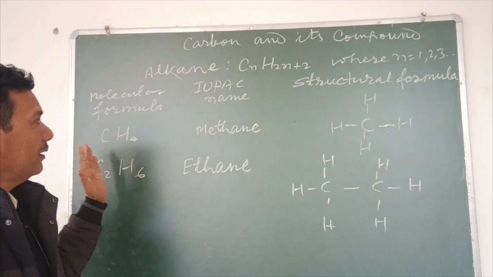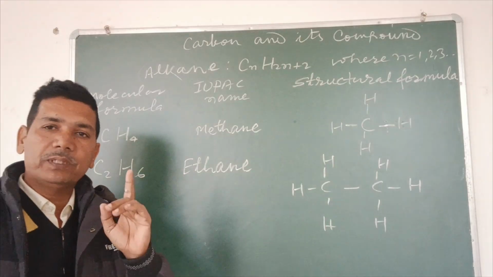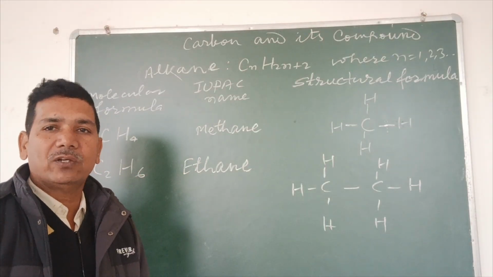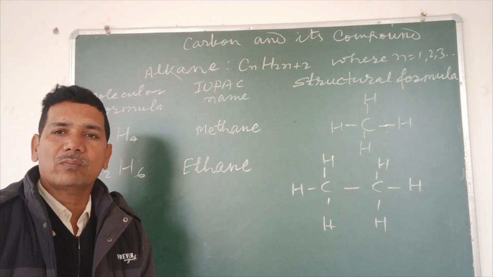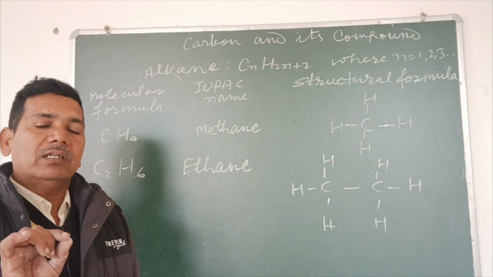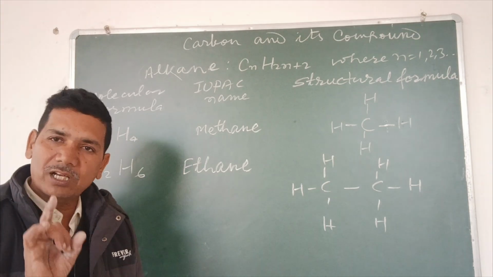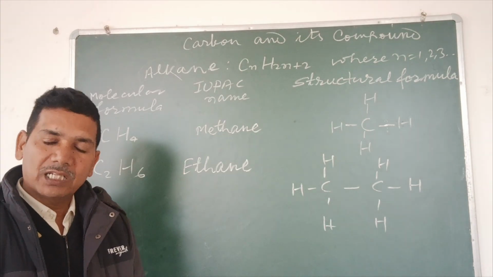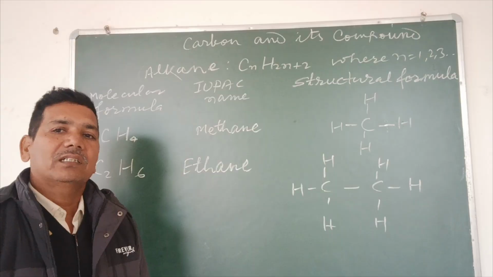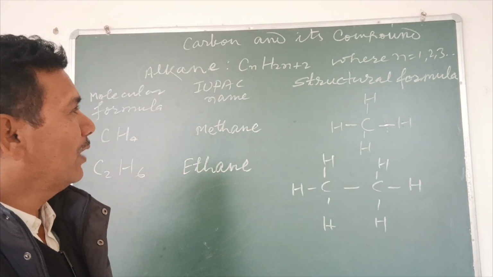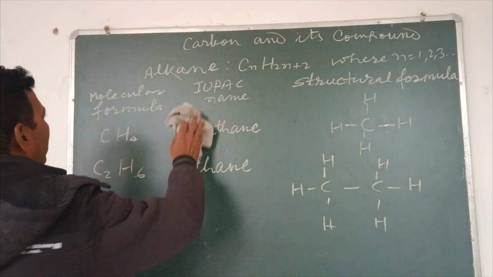This group is of saturated hydrocarbons, and in saturated hydrocarbons, the bonds between carbon and hydrogen are always single bonds. This is the recognition of this compound in the group of alkane. In this similar manner, we will come next.